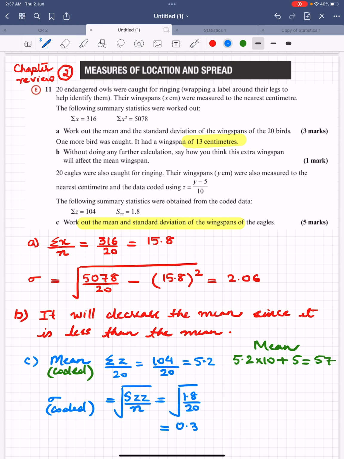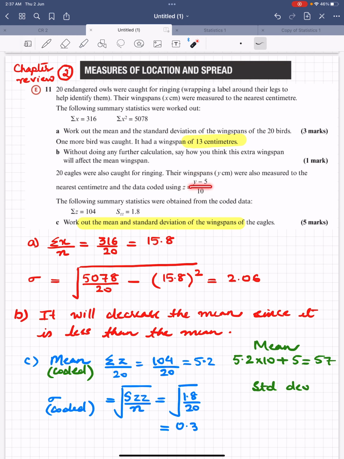Now we want to find the standard deviation of the wingspan. Standard deviation is not affected in coding by addition and subtraction. So when we need to decode this, we will only do the inverse of any multiplication or division that we have done.